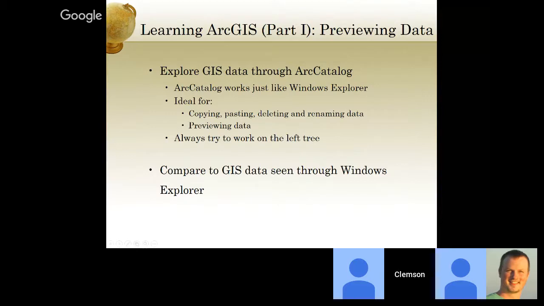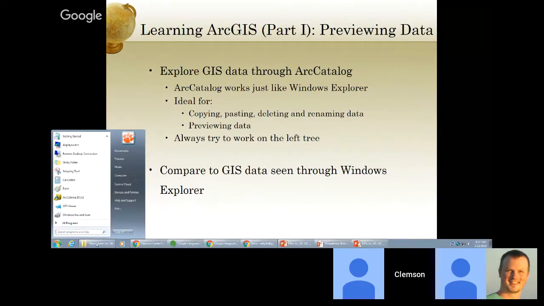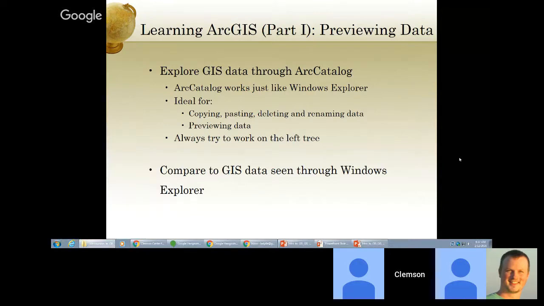So if you would like to follow along in the tutorials, they are, once again, if we go to that Windows Explorer, that folder icon in the lower left corner, and we're going to navigate to the D drive, that Data 2 drive, to the Introduction to GIS folder.